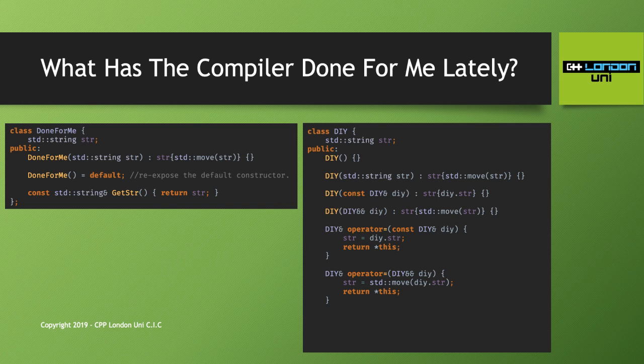And again, I could not do this, but my move assignment operator would suck because it would copy. And then we've got our member function to get the string. I don't have to write these functions, not this. I have to write that. I have to write star this because I return a reference to my own class.